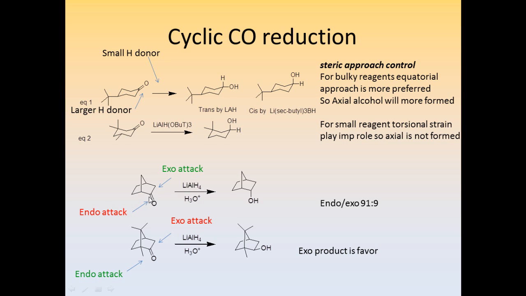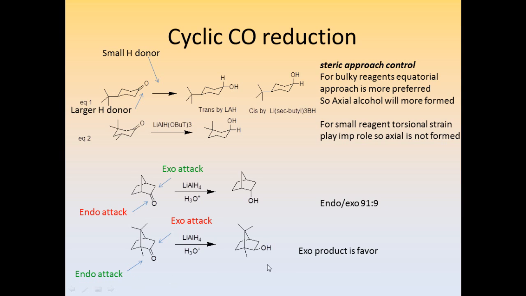Hydride cannot approach the CO group due to the steric bulkiness of the bicyclic compounds. Here this exo attack is not possible because the methyl group is hindering the hydride attack. So the endo attack of the hydride on the CO group is very feasible. So the exo product is more favorable.